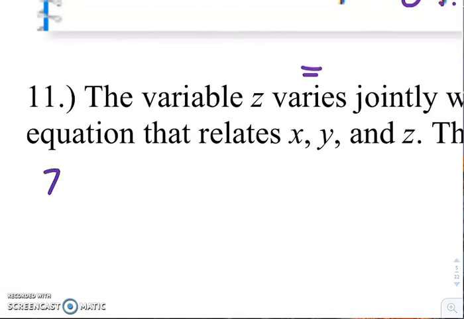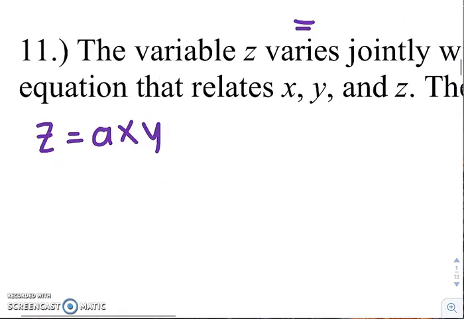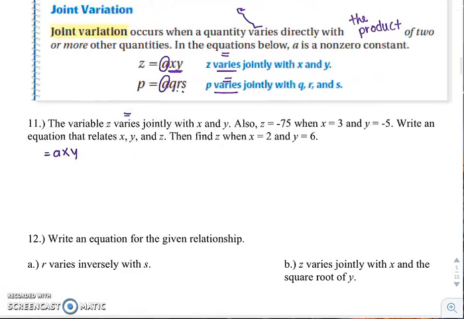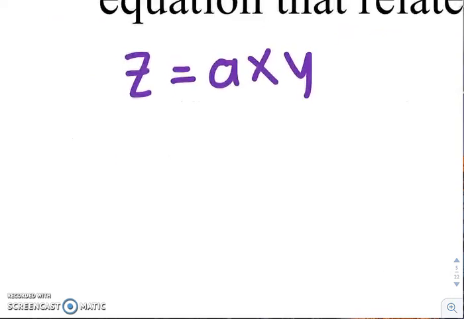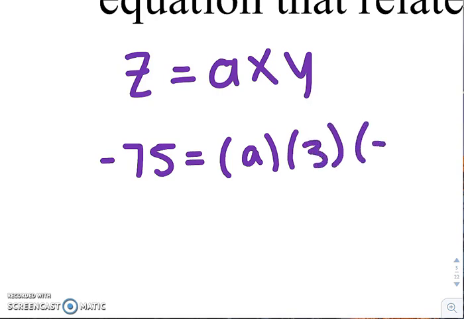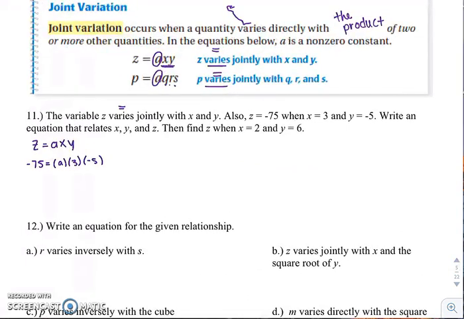So z varies jointly with a, x, or with x and y. A is just there. So z is negative 75 when the x is 3 and y is negative 5. So that's our first step, is solving for your a.